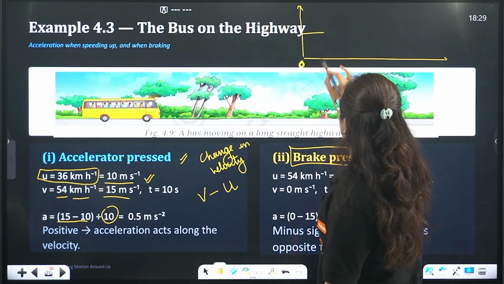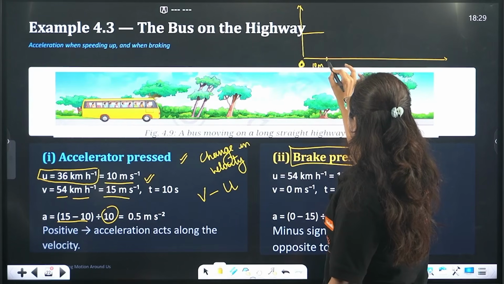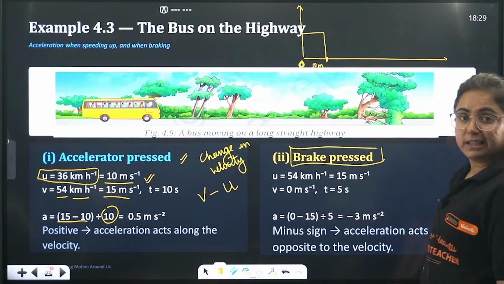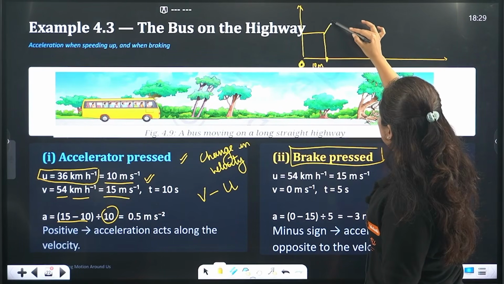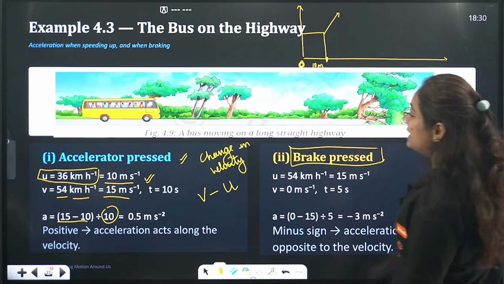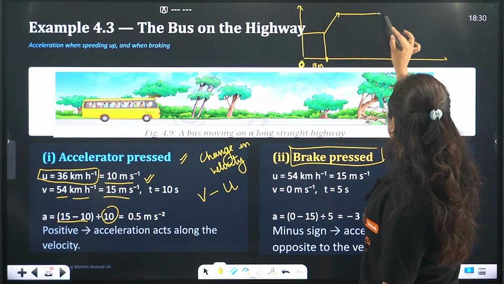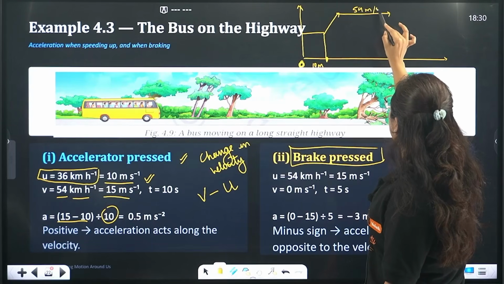That was 10 meter per second. This is 10 meter in a second you were moving at this speed. Now suddenly your bus driver pressed the accelerator and your speed increased. For a period of time, now you are moving at an increased speed, that is 15 meter per second.